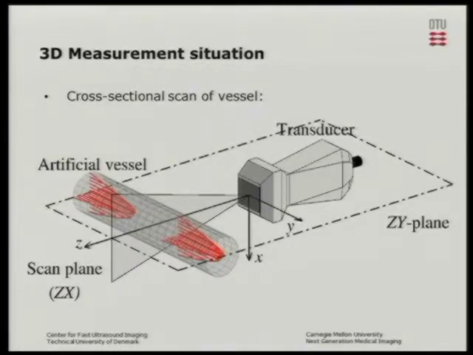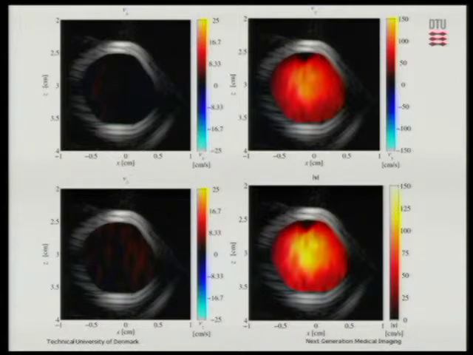So we made an example here with a Vermont 32 by 32 array transducer. And here you're seeing now we're cutting the vessel straight across. So in the normal imaging plane, we shouldn't see anything. It's only a motion going through that plane. And this is how it looks.